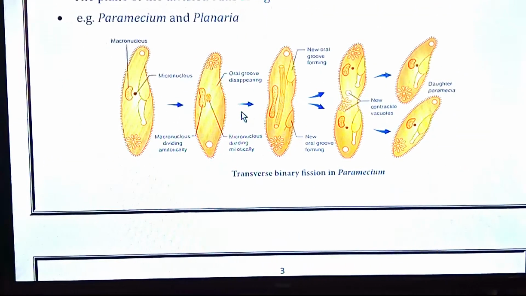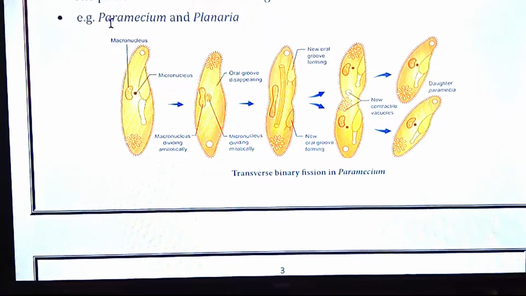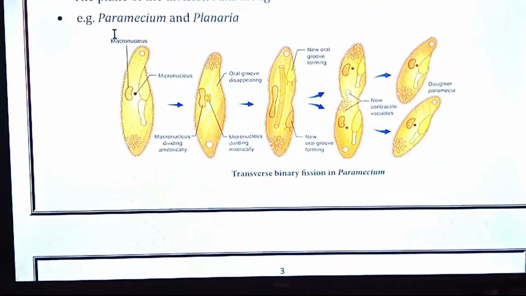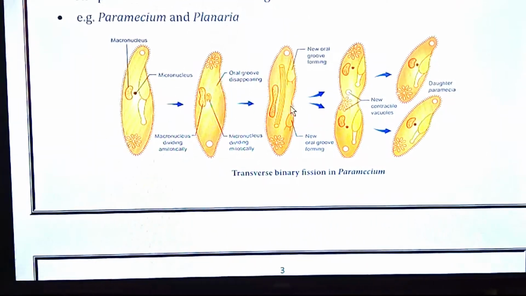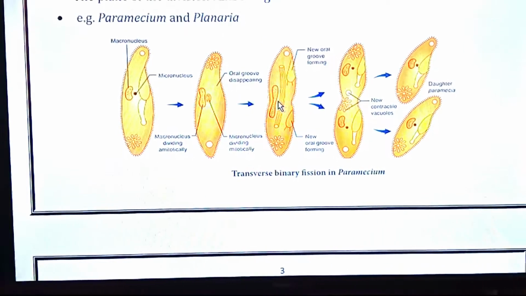The second type is seen in paramecium and planaria, that is transverse binary fission. In transverse binary fission, the plane of the division runs along the transverse section, so cross. Here the macronucleus and micronucleus will be present and both will first elongate to divide into two, that is karyokinesis, and they form two pairs of macro and micro nuclei.